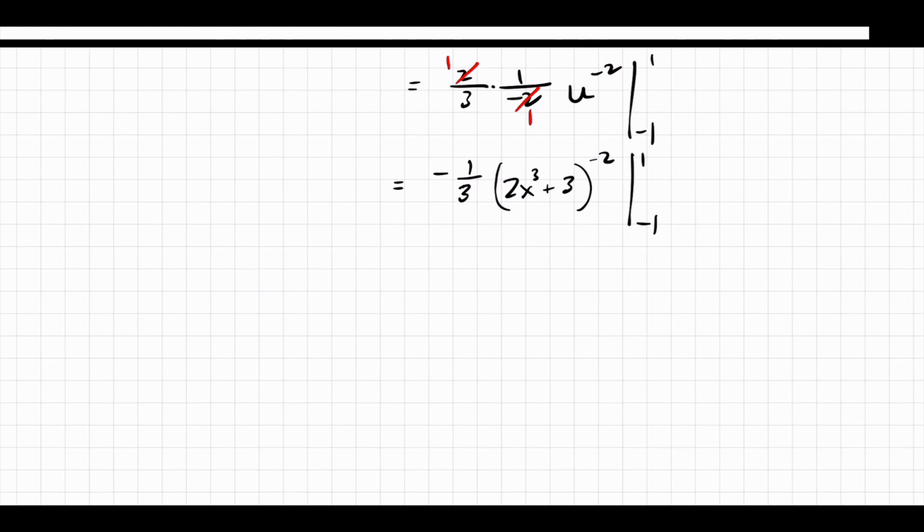Usually that's where we'd end with U-substitution last week. Now we have to do the evaluation part. Okay. So it's probably easier. This guy has a negative power. It's probably easier to change it back. So instead of a negative power, move it back to the bottom. So -1/3.